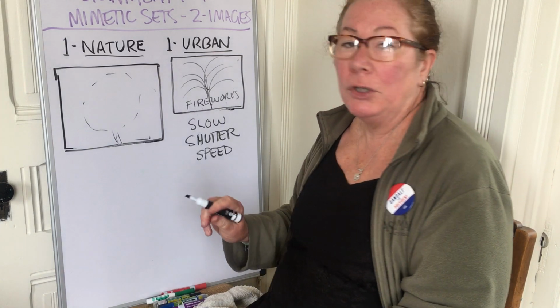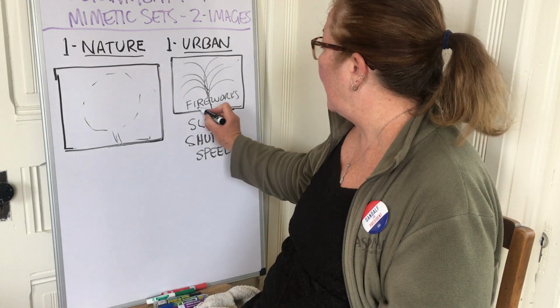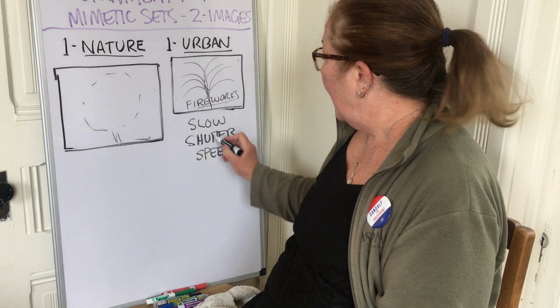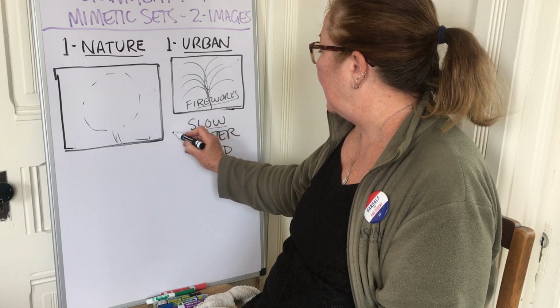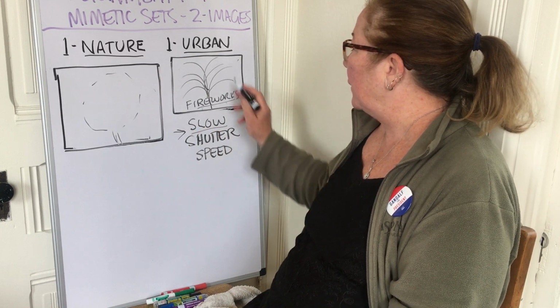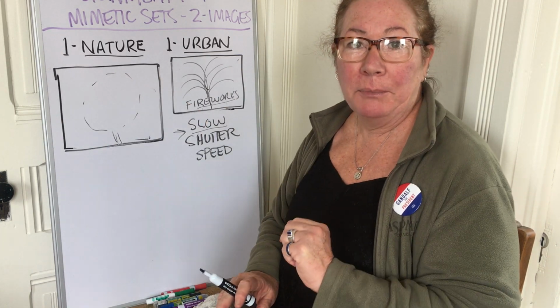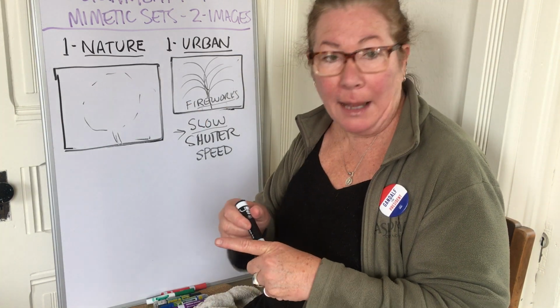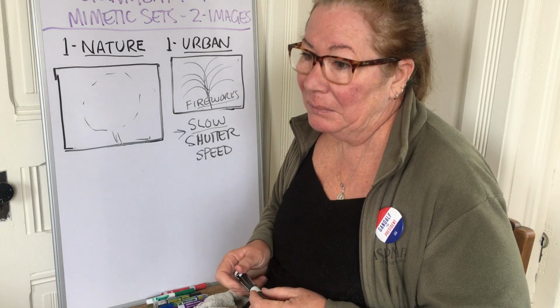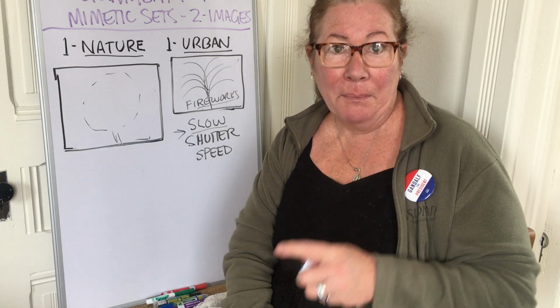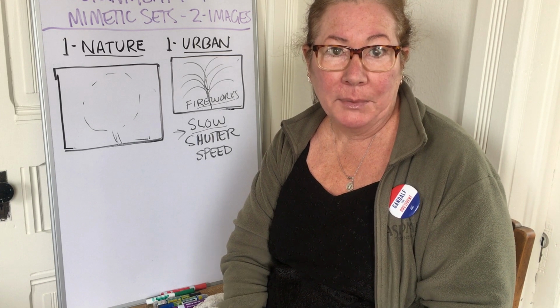And if you have a point and shoot camera, you might have an icon for fireworks, my little fireworks. And all that means is it's a slow shutter speed. Okay, so slow shutter speed if you want to capture fireworks, and you might find something in nature that matches up to it. I'm not going to give you a hint as to what that might be, right? But there are some examples on our class website.